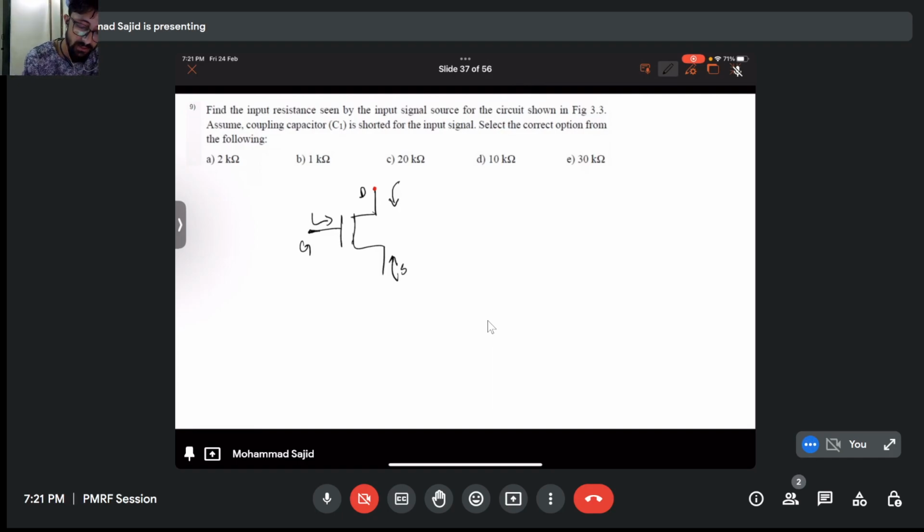If you say resistance from there, this will be output resistance, and this will be input resistance, and this will be source side. The source can act as output as well as input, so let's just call it source resistance.